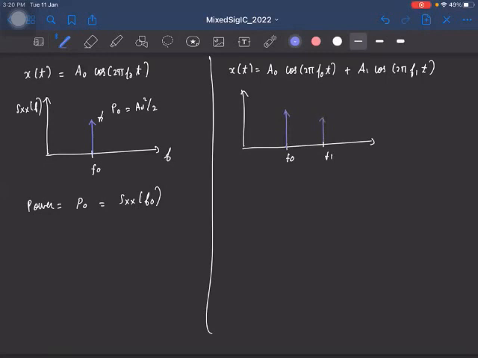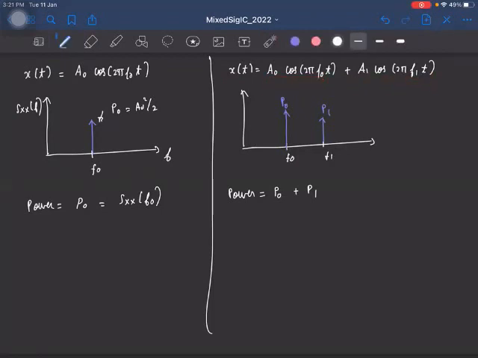Okay, and the strength of the impulse at f0 will be the power of the sinusoid, say P0, and here it will be P1. Well, what is the total power of the signal? We can easily compute this, and it will be equal to the sum of the powers of the individual sinusoids. Okay, I still suggest that you take this signal x of t, compute the power of the signal, and convince yourself that it is equal to the sum of the powers of these individual sinusoids.